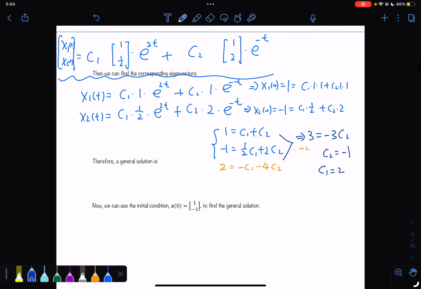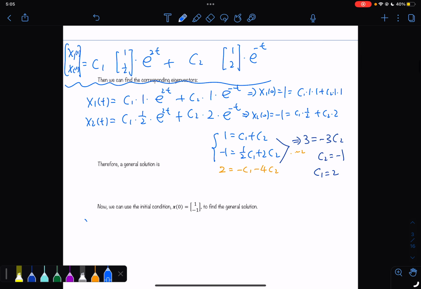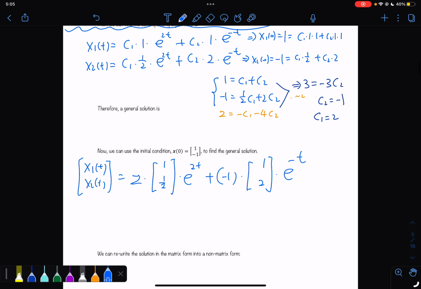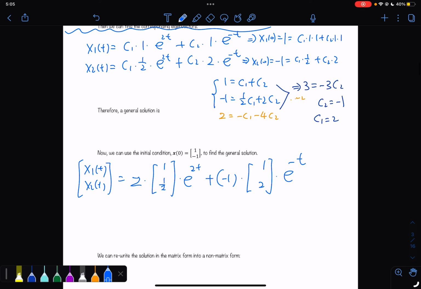So what I'm going to end up with is my solution x1(t), x2(t) is naively speaking C1 times 1, 1/2 e to the 2t added to C2 times 1, 2 e to the negative t. So this is the solution of my differential equation in matrix format, and I want to write it in the non-matrix format.